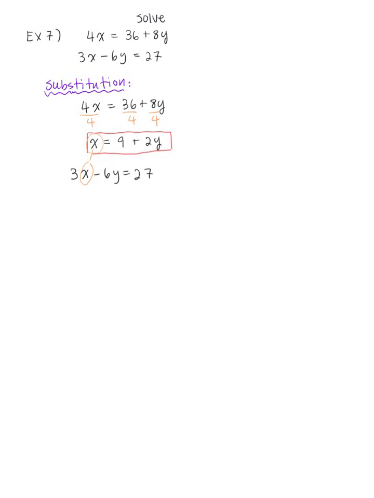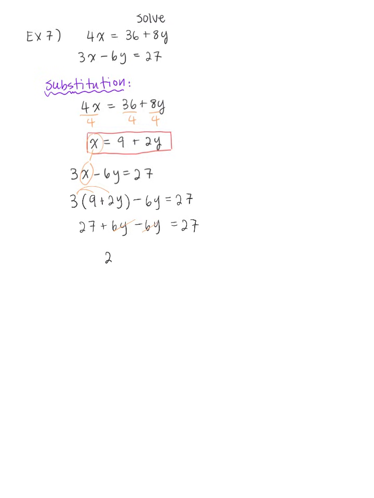So then you're going to have 3, and then x is 9 plus 2y. I make sure to put parentheses around this, and then minus 6y equals 27. Now let me distribute the 3 over. Then you're going to have 27 plus 6y minus 6y equals 27. All right, so then this is going to cancel.